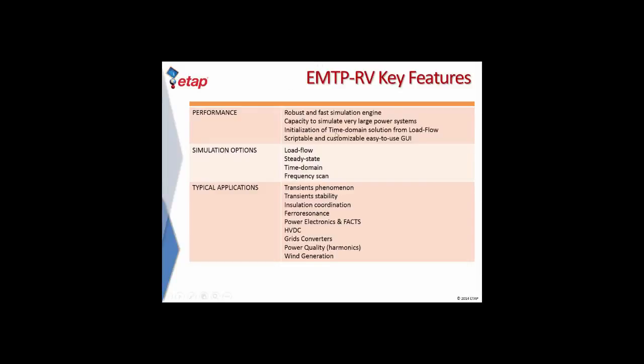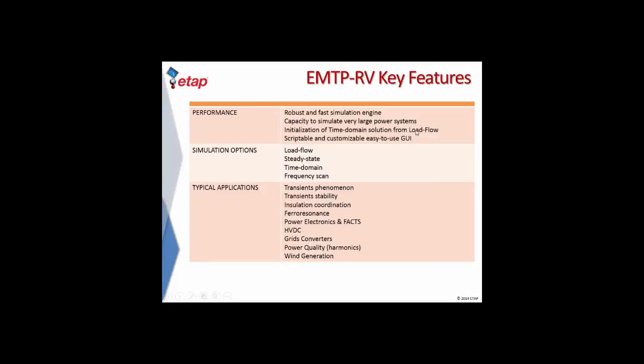Something extremely important in EMTP is that we do have a load flow. Of course, EMTP is not a load flow software like ETAP, but we do have a load flow inside EMTP basically to initialize the time domain analysis. When we start an analysis in EMTP, we directly start from the steady state. If you compare with other EMT packages, you will find that this is not the case in the other packages.